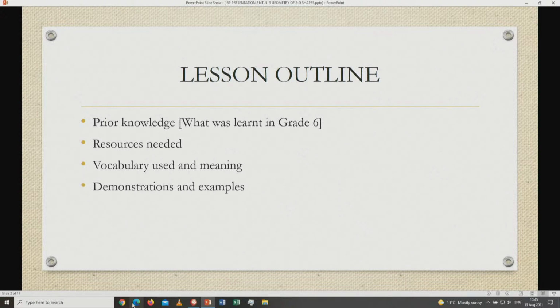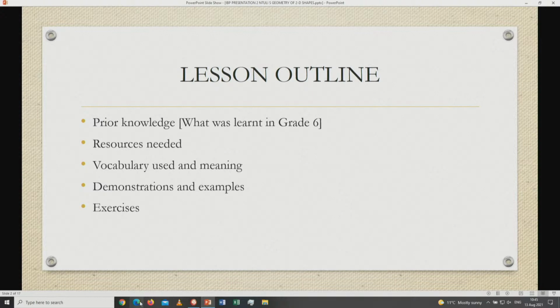Then there will be demonstrations and examples that I'm going to touch on. Then, obviously, guys, for us to see that we are learning, we need to do exercises so that we can see where we make mistakes. The most important part, guys, is to focus on what mistakes we are making.